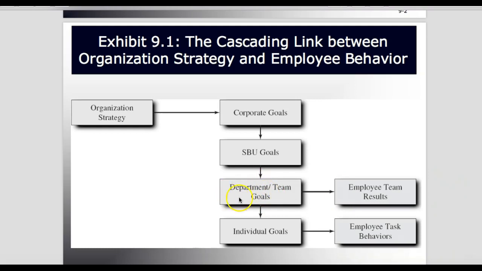And when all the teams within that business unit succeed, the business unit is going to exceed its goals. And when all the business units exceed their goals, they will have achieved corporate goals. And what drives the corporate goals is this organizational strategy.